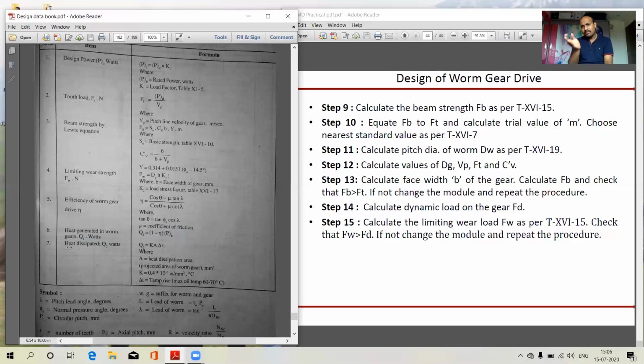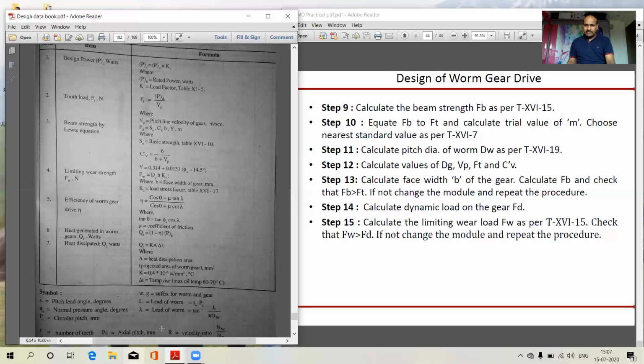If it goes above 70 degrees, you must write that the gear needs external cooling, or lubrication is required, so that the temperature difference above 70 degrees is minimized to work the gear efficiently. So in that way, we calculate the heat generated, heat dissipated, or delta T.